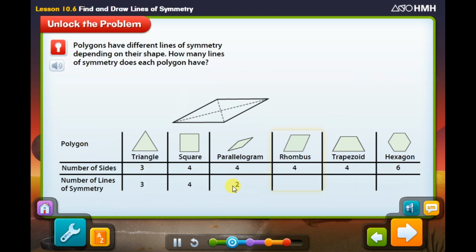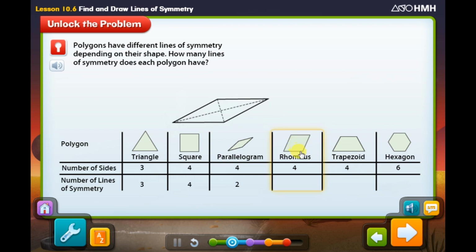What about the rhombus? A rhombus also is a regular shape. So let me check out how many lines of symmetry we have here. Will it be four, like regular shapes, or will it be less? So, can I fold it vertically? No. Horizontally? No. Diagonally? Yes, we can.